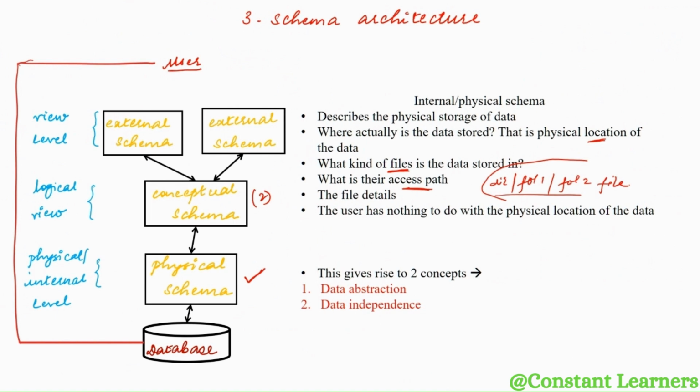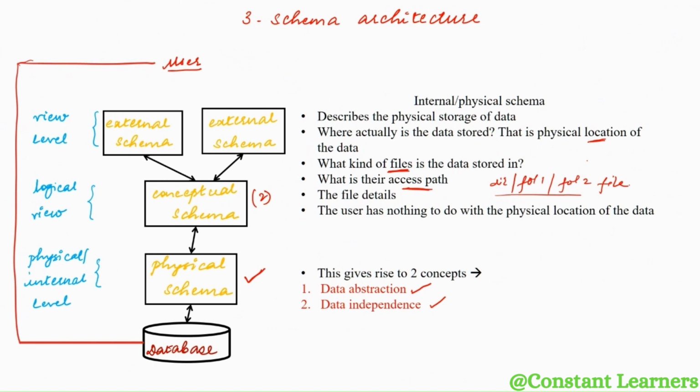So the user is unaware of the physical location of the data or the logical view of the data. The user has nothing to do with it. He will only make a request and that data will be made available to the user, right? So this gives rise to the concept of data abstraction and data independence.